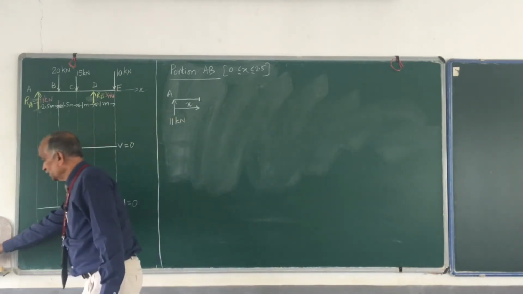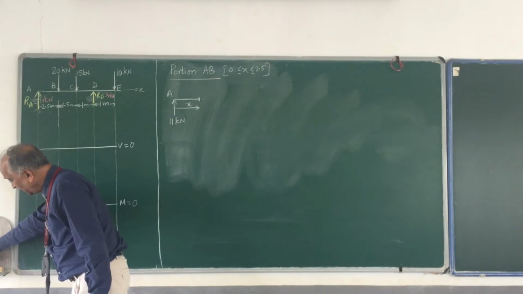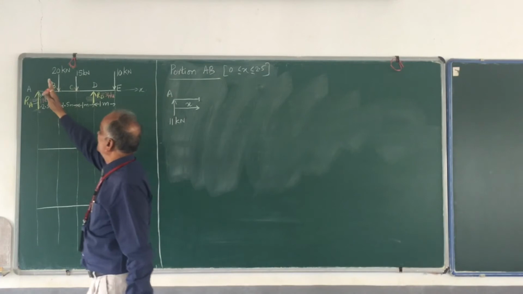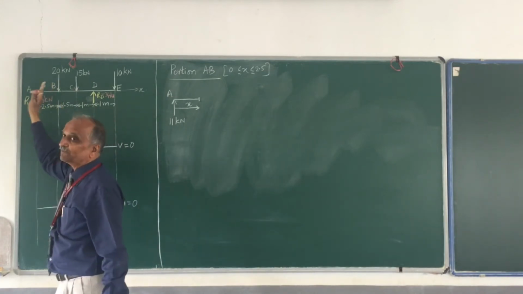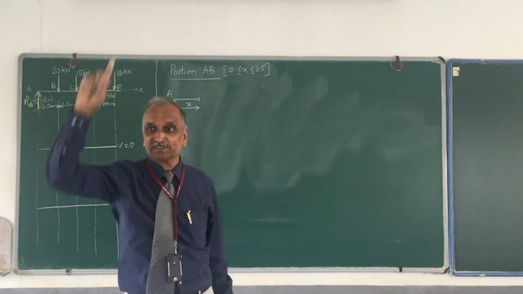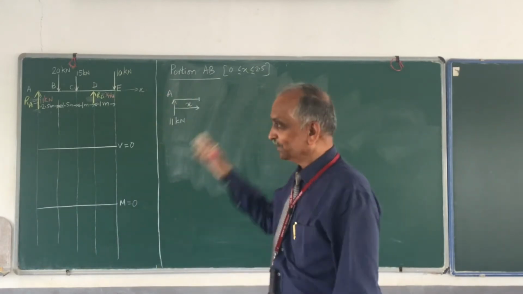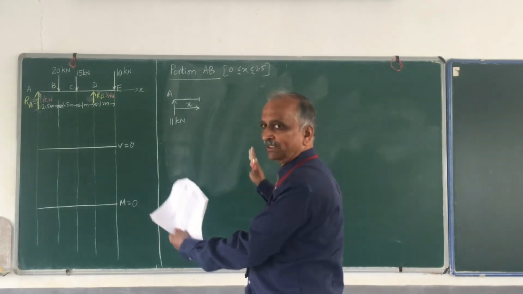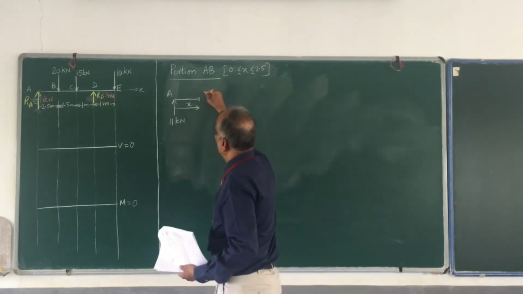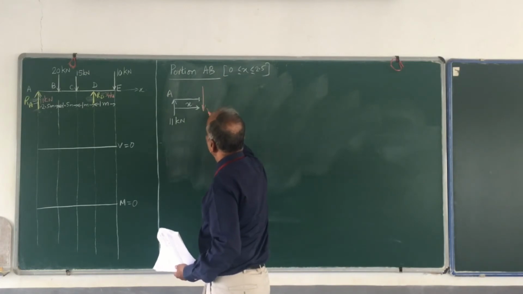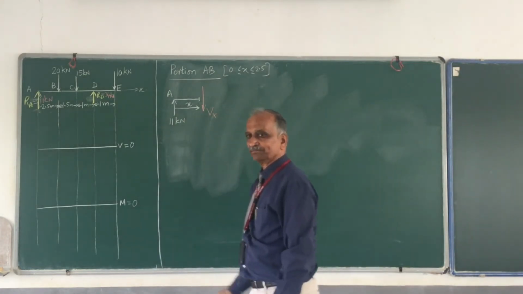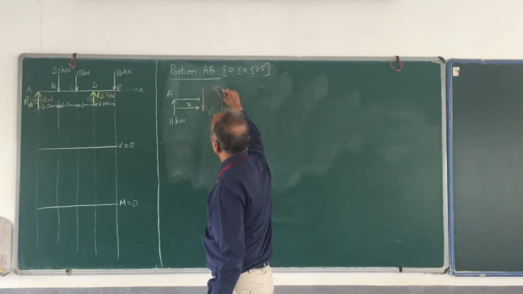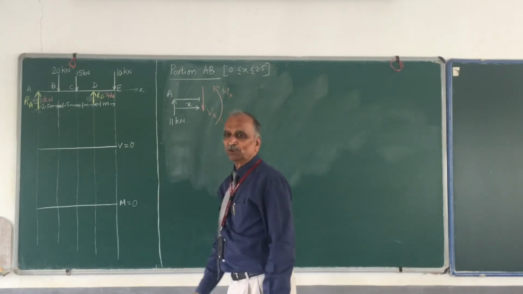Okay, now, at the section where you have taken, you have taken the section here, and I am taking the left hand side portion. Please go back to your sign convention. If you take a section, and the portion of the beam you are considering is the left hand side, then this is my positive shear force, and this is my positive bending moment.